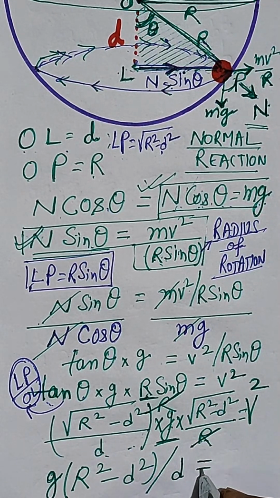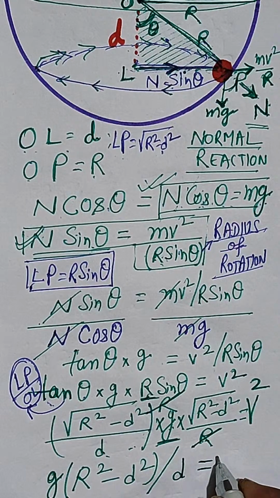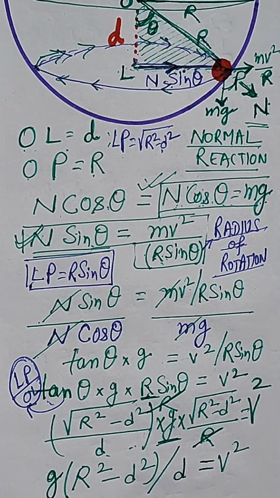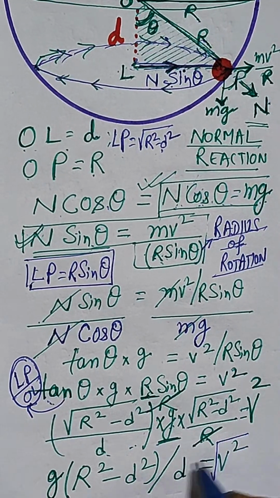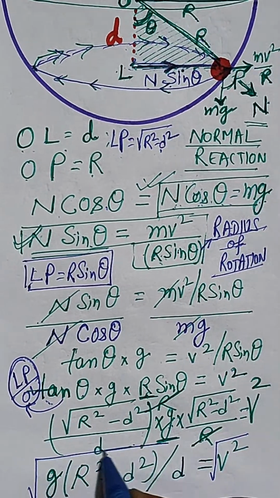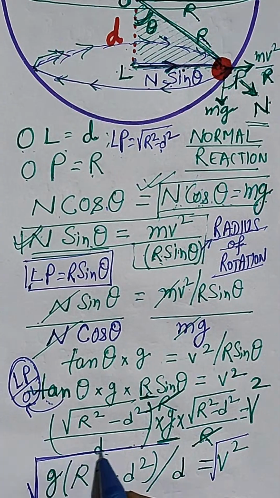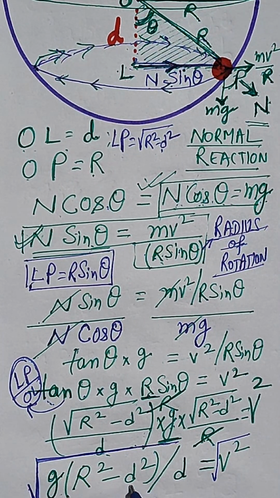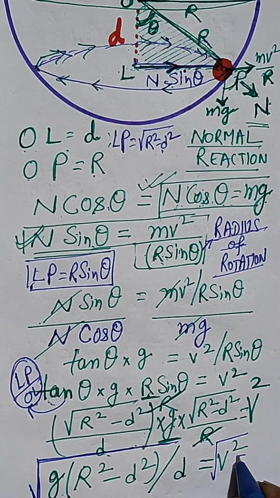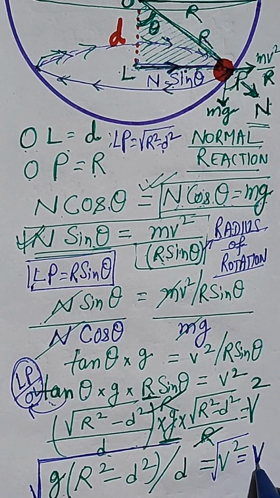And when you take the square root on both the sides, root over g times r square minus d square divided by d is the value of v.